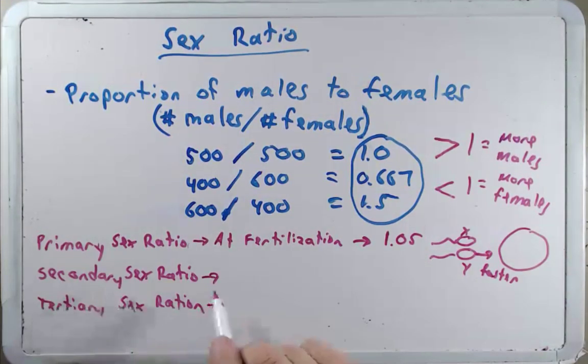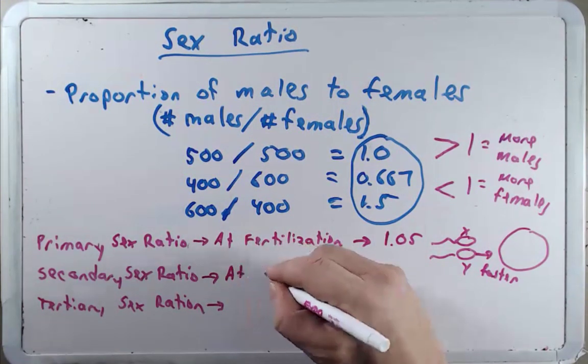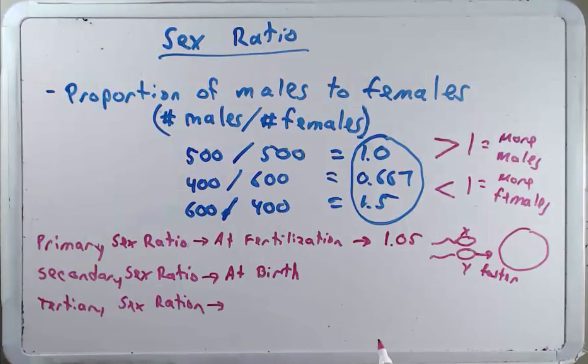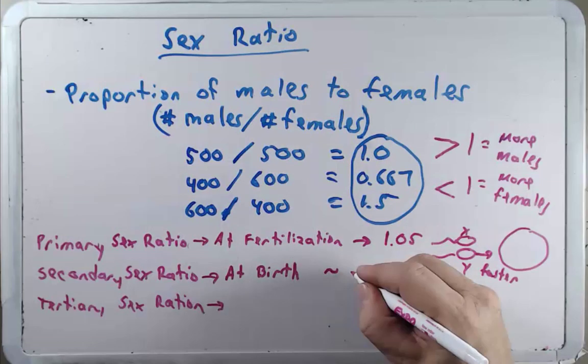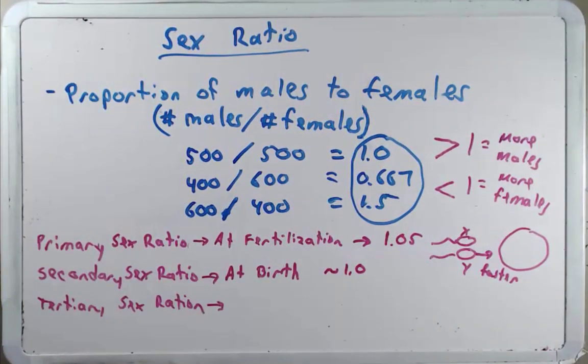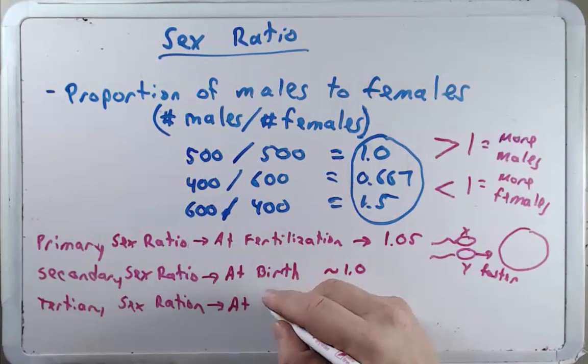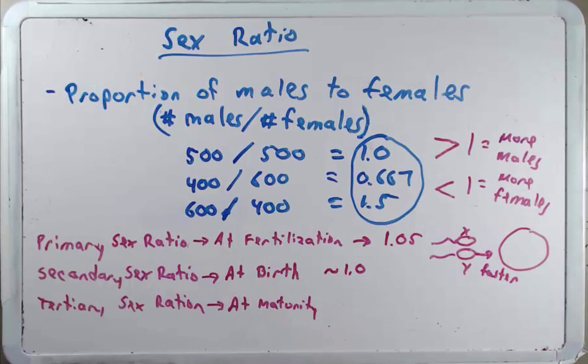The secondary sex ratio is at birth. How many survive to birth? I see various numbers on these, but it's pretty close to 1.0, meaning roughly equal numbers of males and females. Tertiary sex ratio is the sex ratio at maturity, so after puberty.